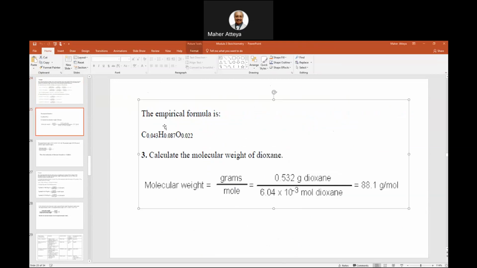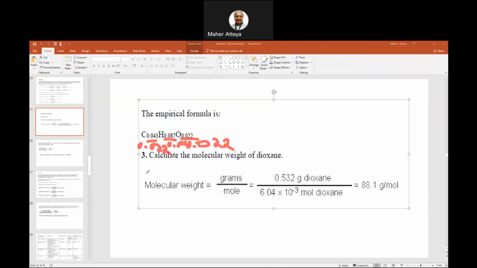This is the molar, and this is the fractional one. We have to divide all those by 0.022. So you divide all those by the same number, the least number. This one here, and you divide this one here the same way, 0.0022. So this will give you the actual empirical formula of the compound itself.